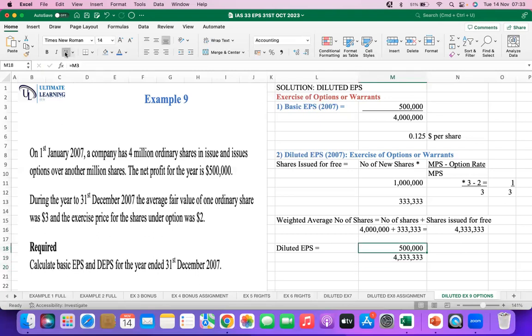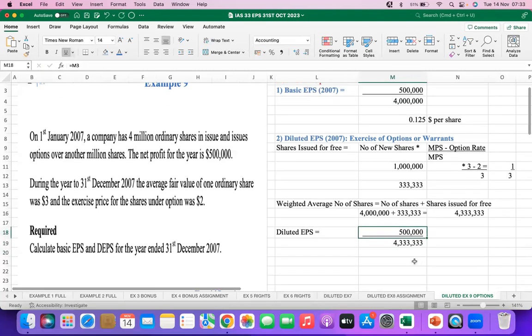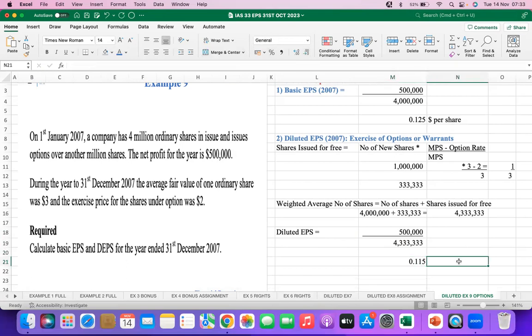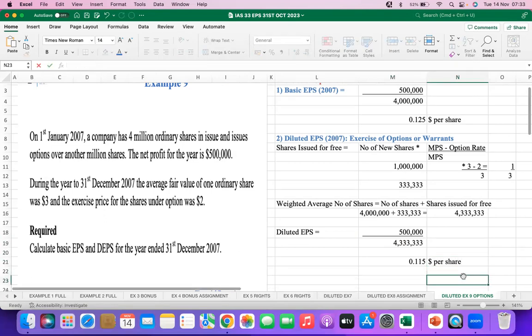Profit divided by weighted average number of shares. And that will give us 500,000 divided by 4 million. So that will give you 0.115 dollars per share.